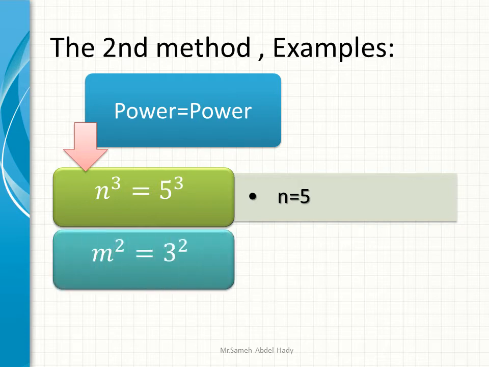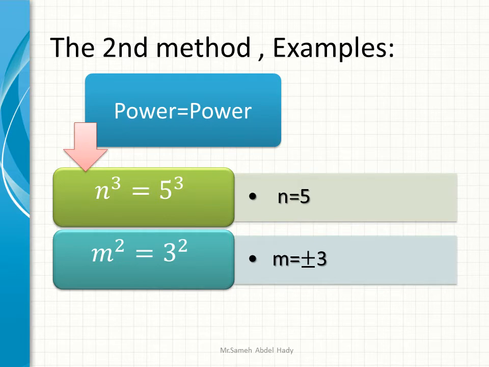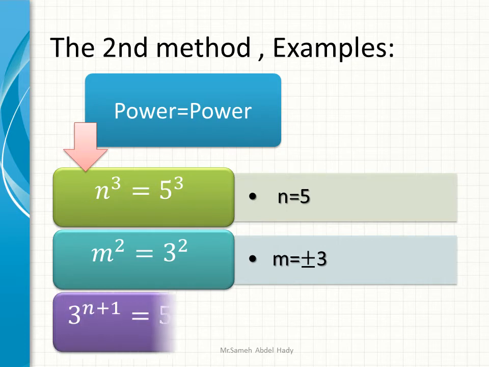The second case, m power 2 equals 3 power 2. Here the power is even, so I will write m equals positive and negative 3. Why positive and negative? Because the power is even.